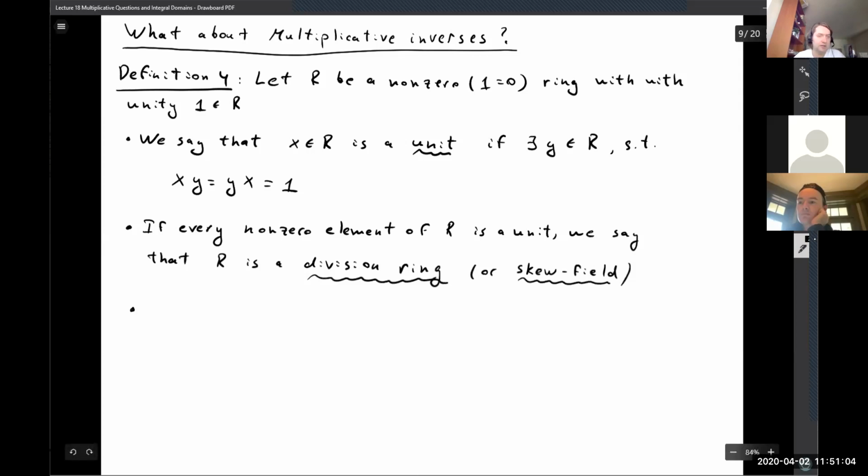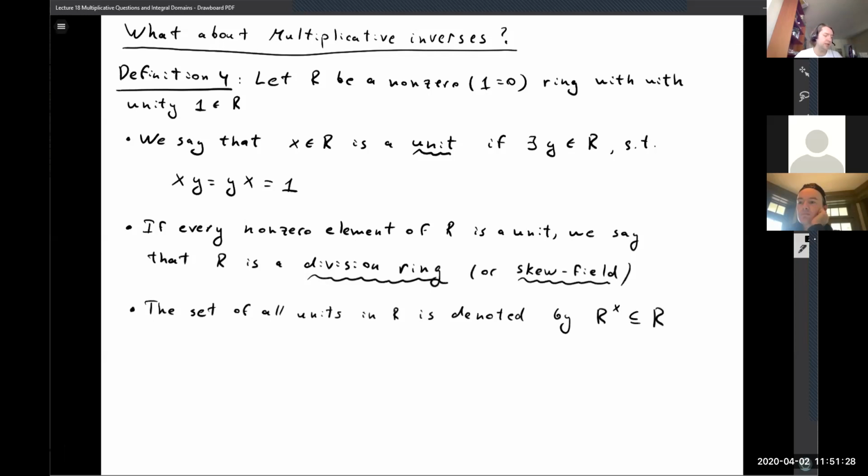And finally, just a common notation: the set of all units in R is denoted by R cross. So this is the subset of all elements which have multiplicative inverses.